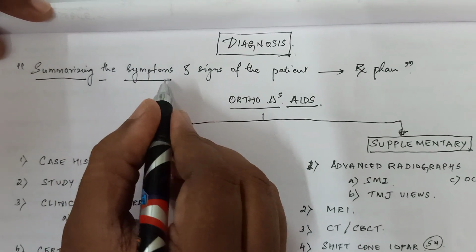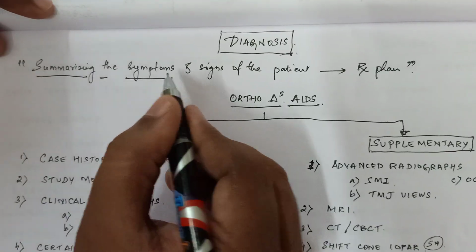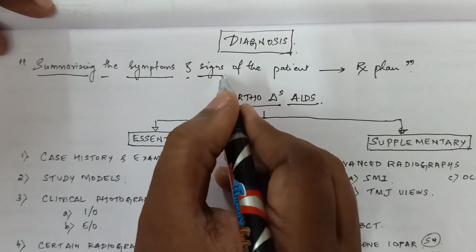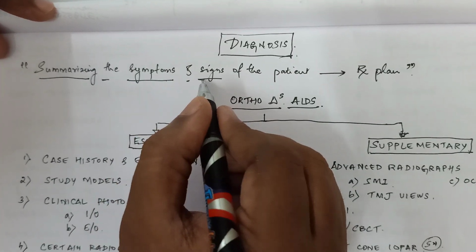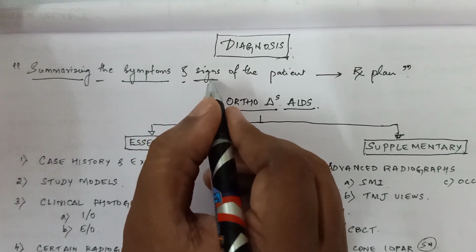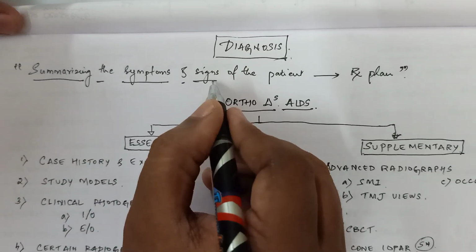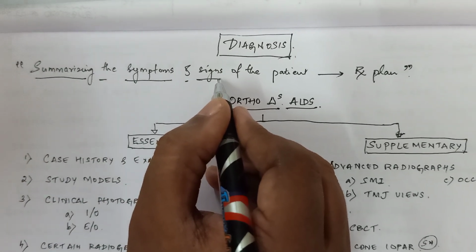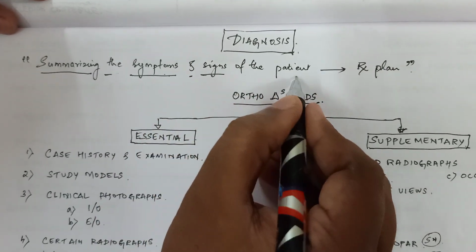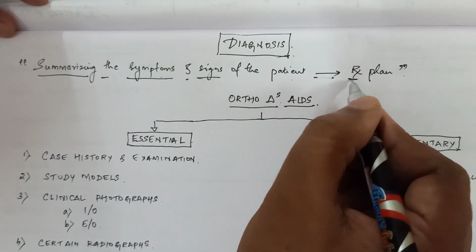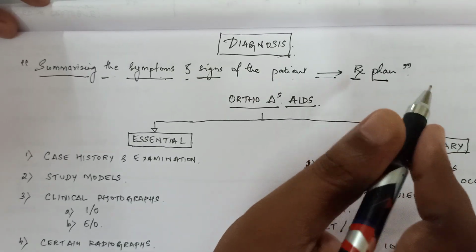Symptoms means what the patients tell you. Understood? And signs. Signs means what you find out. Symptoms is what the patient tells, and signs is what you find out from the patient, from examination or some investigation of the patient. So summarizing the symptoms and signs of the patient to evolve a proper treatment plan. This is what diagnosis is.